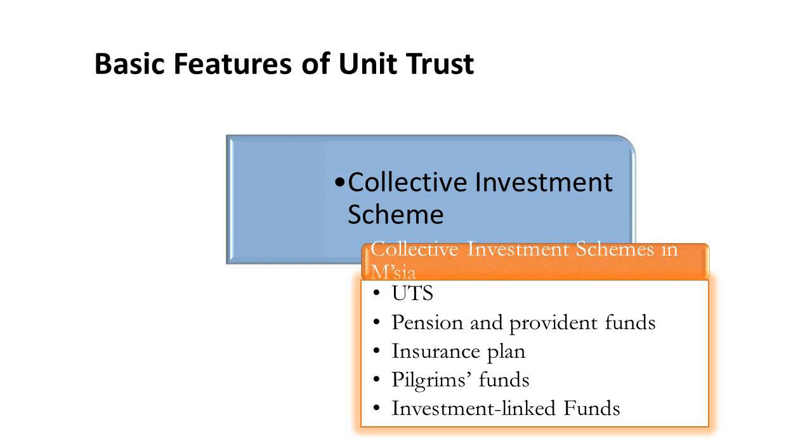Investment link is also from an insurance company, but its structure is similar to unit trust, where the fund manager in the insurance company takes the premium from the insurance customer and uses it to invest as well. So they are also very similar to unit trust. That's why as long as you collect money and use the money to invest, it's called a collective investment scheme.